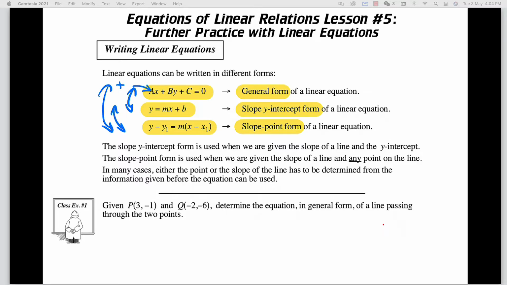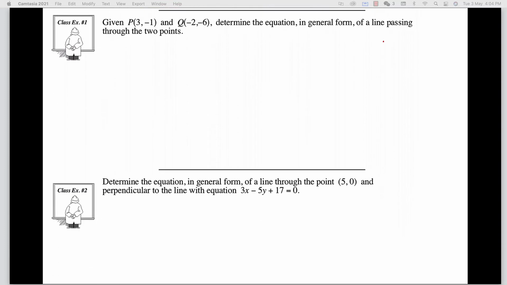Okay, so let's move over here into class example number 1. It says that we have a line that's got 2 points on it, point P and point Q. And they have the coordinates that are given right there, and we now need to figure out the equation for that line and put it into general form.